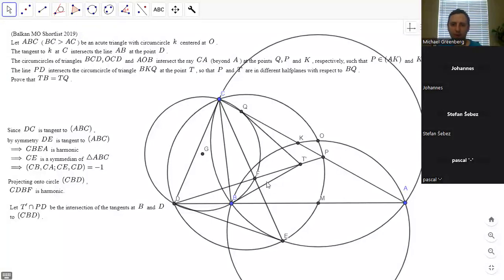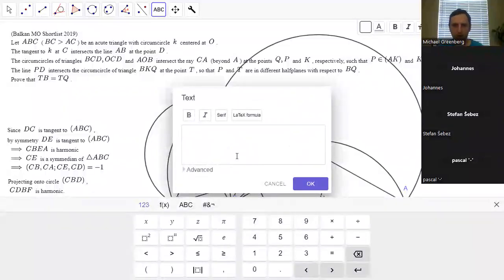And then we do the angle chase. So angle BKC is 180 minus BKA.